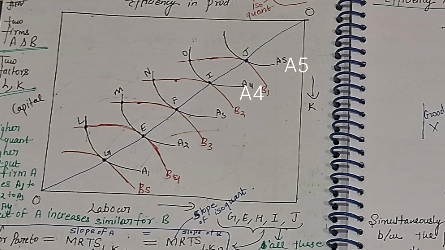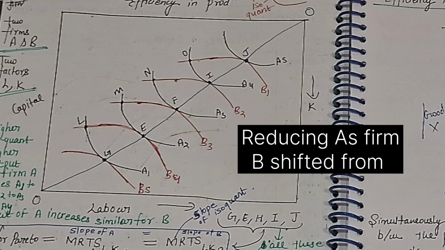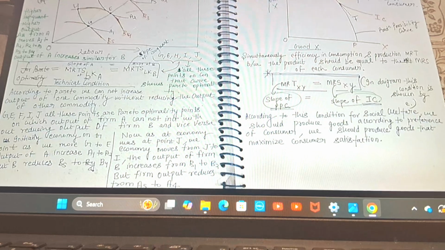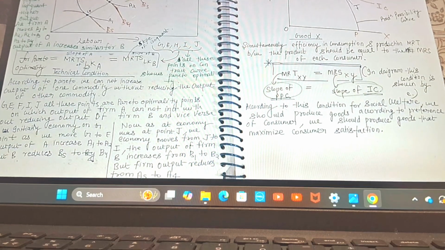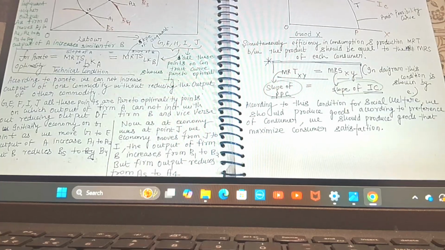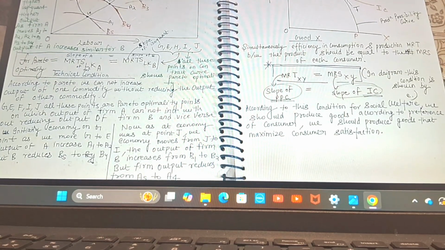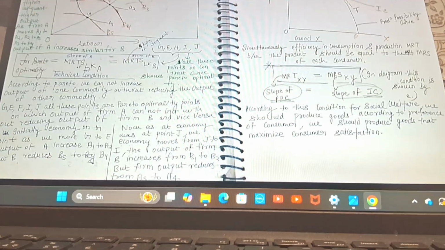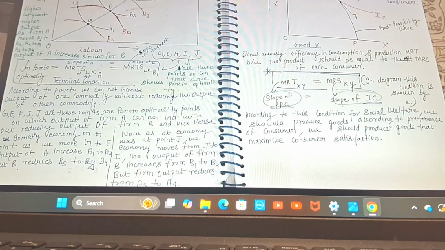So from here we can see firm A's output reducing, and from here we can see firm B's output reducing. So this is the optimality condition: in order to produce more of one commodity, we have to sacrifice the other one, and that is how things happen in welfare economics.